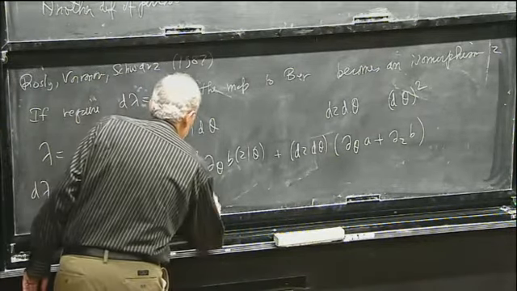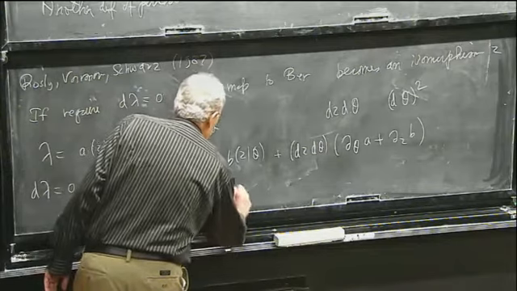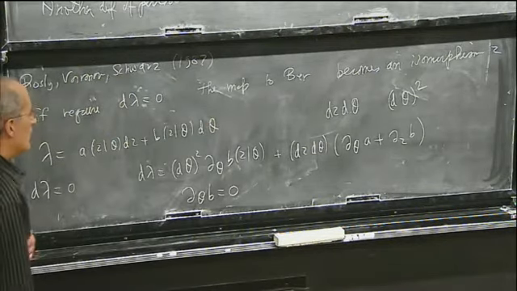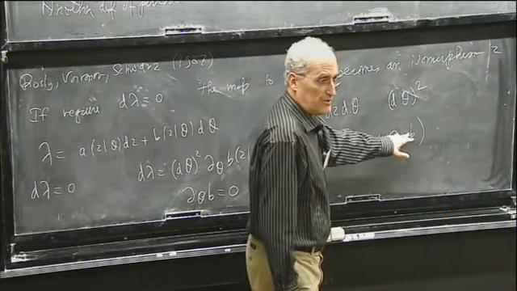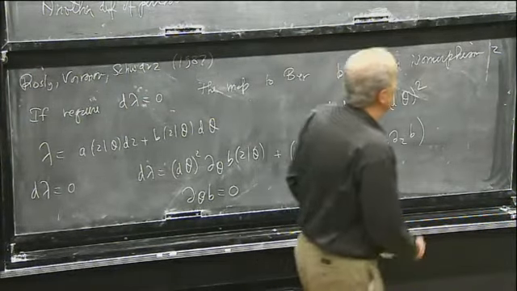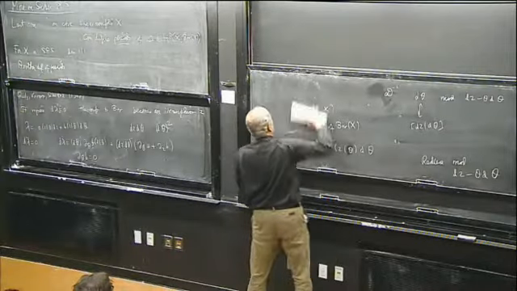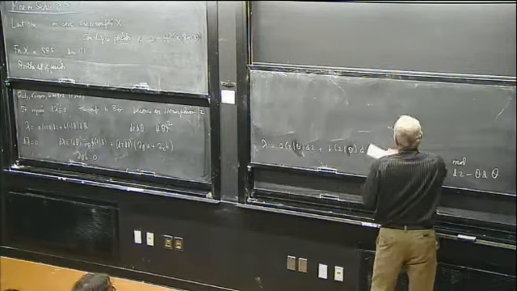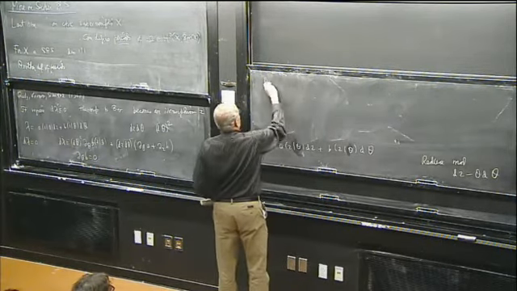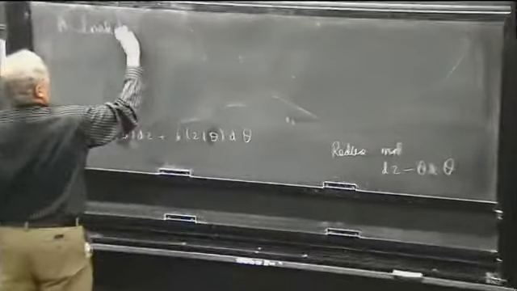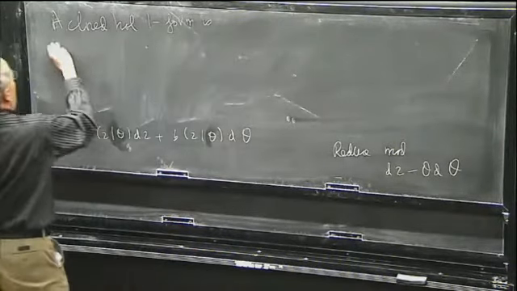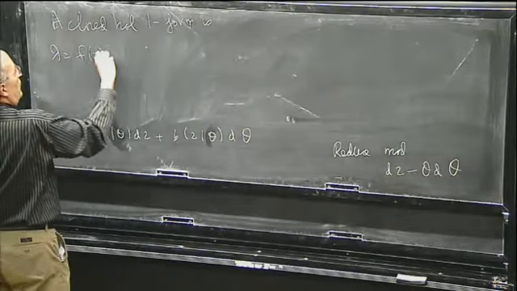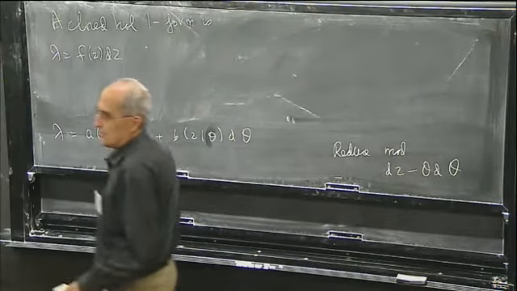So we learned two conditions. One is that d theta b is 0. And then we get a condition that expresses d theta a in terms of the derivative of b. So that can be summarized as the statement that a closed holomorphic one form is lambda equals f of z dz, which of course is closed.